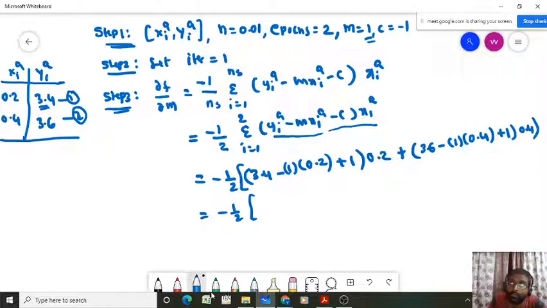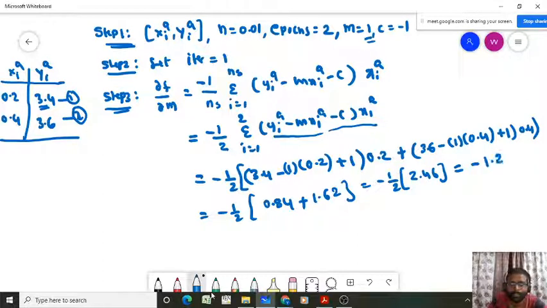Plus here 3.6 plus 1, 4.6 minus 0.4 means 4.2, 4.2 into 0.4, maybe it's 1.68. Please check it once if I was wrong. So minus 1 by 2, the sum of these will be maybe 2.52, so that's equal to minus 1.26. Fine. So this is the ∂f/∂m value.